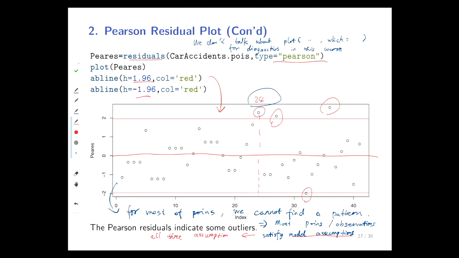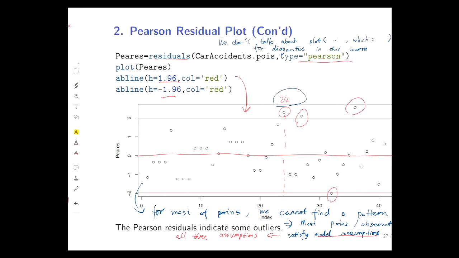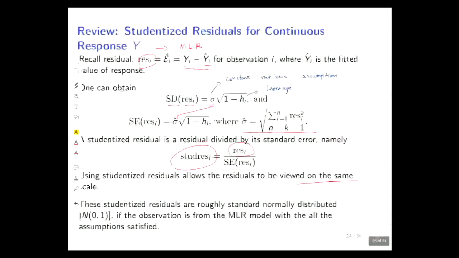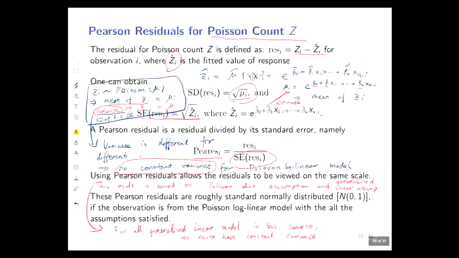So that means we can actually use this Pearson residual plot to check all 3 assumptions. The reason why we can use it is that we get this conclusion, roughly standard normal distribution here, from all 3 assumptions. Remember that firstly, we have the generalized linearity assumption to compute the estimated mean of the response, and then we compute the residual. So the generalized linearity assumption is involved in deriving this Pearson residual.